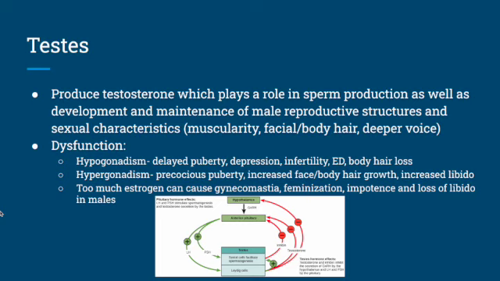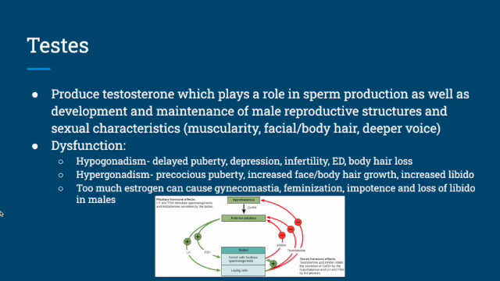And at the bottom, you'll see another one of these negative feedback loops where you have the GnRH from the hypothalamus stimulating the anterior pituitary to make LH and FSH, which are luteinizing and follicle stimulating hormone. The LH will act on the Leydig cells of the testes, and the FSH will act on the Sertoli cells.